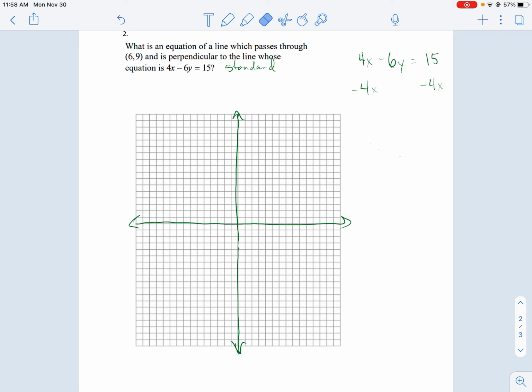Keep forgetting I can't write on that edge. So used to zoom in. Okay, so negative 6y is equal to negative 4x plus 15, divided by negative 6, negative 6, negative 6.